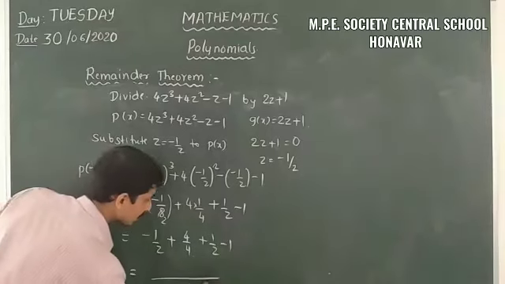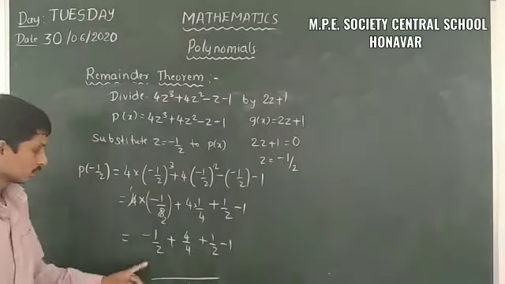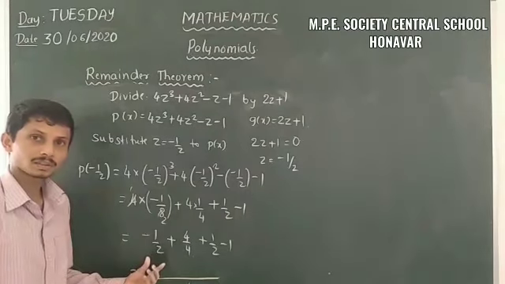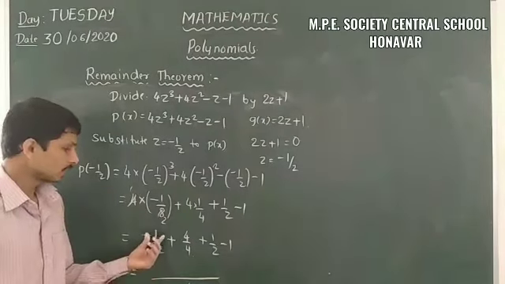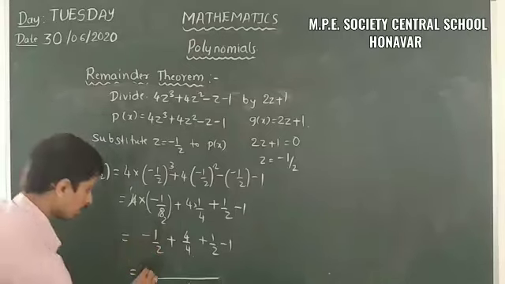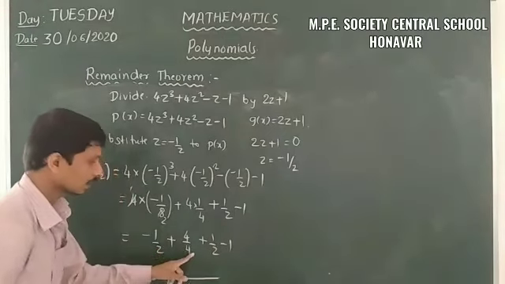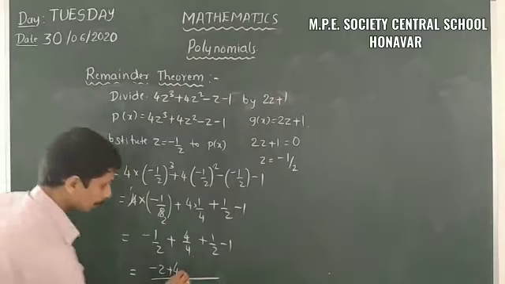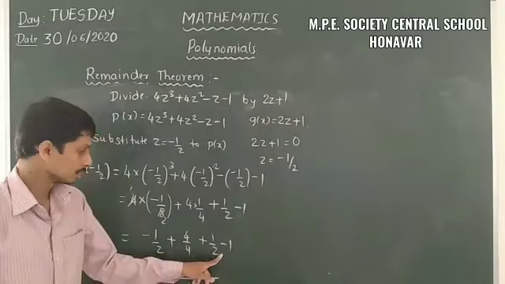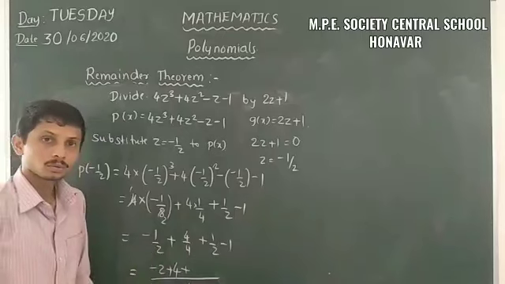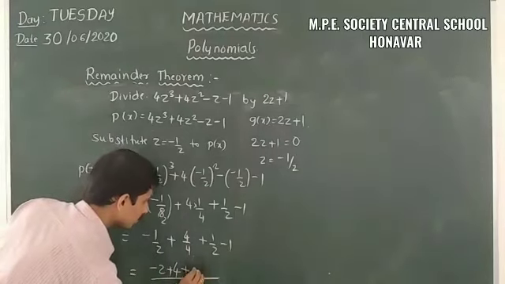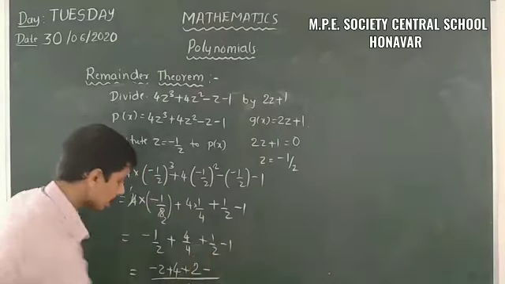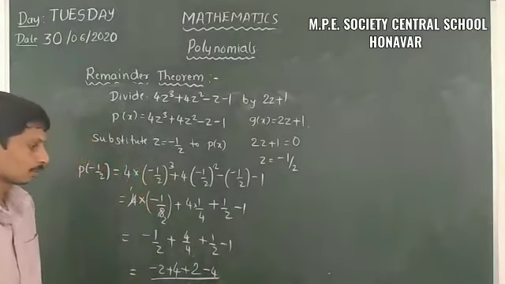So we take the LCM of 4 here. We multiply 2 with 2 in the denominator and also 2 in the numerator, minus 2, plus here we multiply with 1, 4, plus here we multiply with 2, and minus here we multiply with 4 in both numerator and denominator.